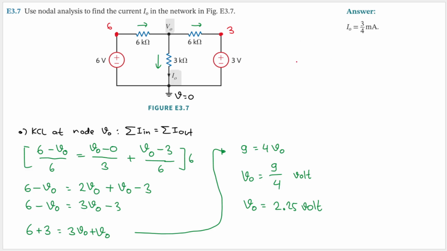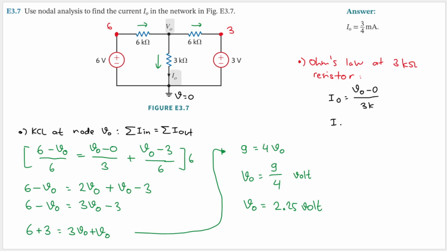How to find I0? We can use Ohm's law at the 3 kilo ohm resistor. So we can write I0 is equal to V0 minus 0 divided by the resistance between them, which is 3 kilo ohm.